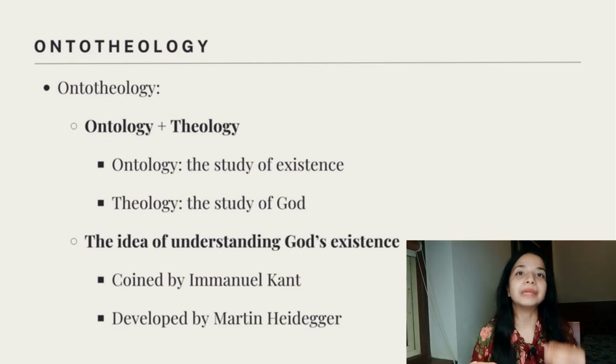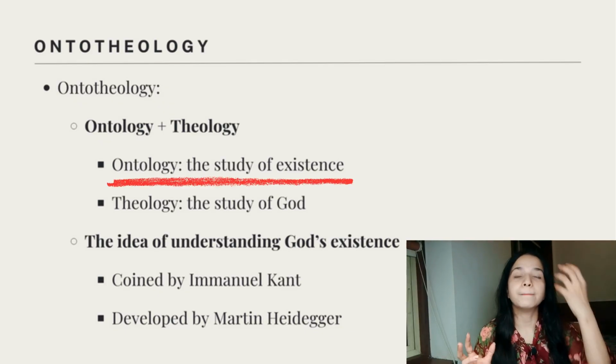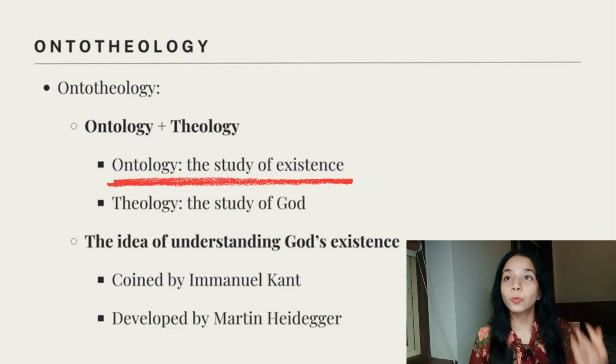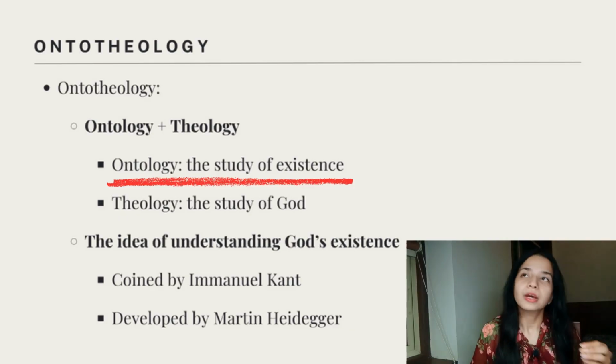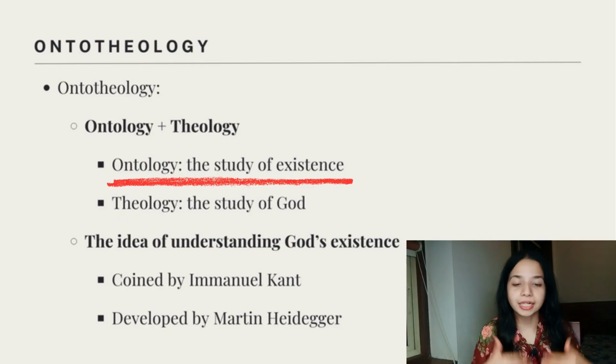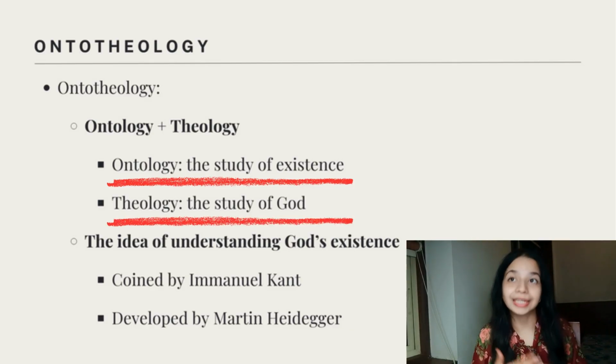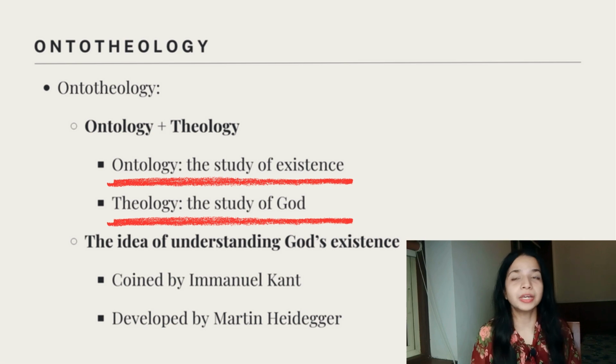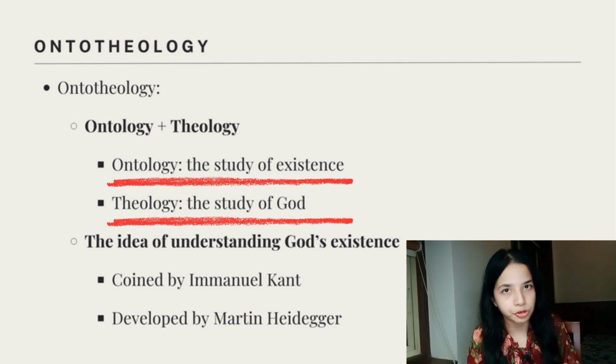Ontology basically means the study of being, the study of existence, how we exist, right? The reason behind our existence and our reality. That is ontology. Theology is basically the study of God, right? The existence of God. And when you mix these two branches of philosophy, you get ontotheology.